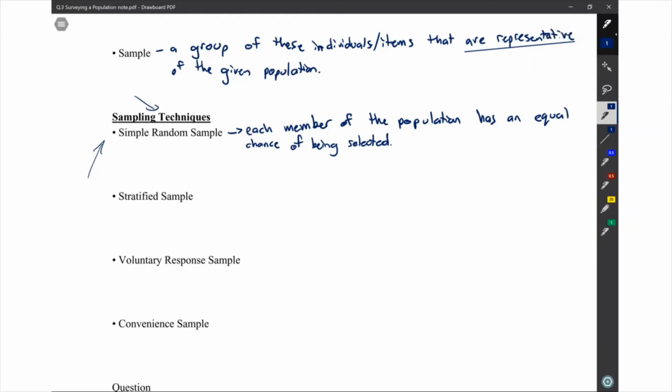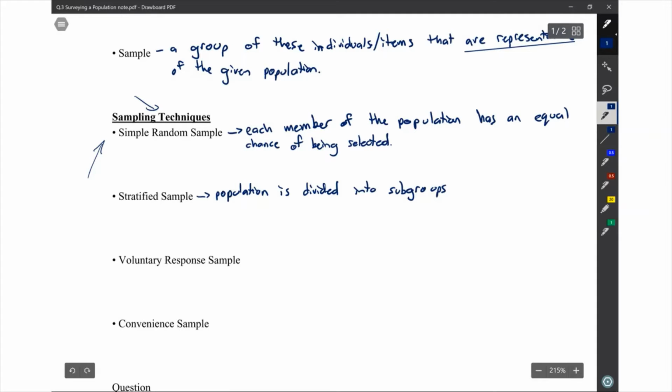A stratified random sample is when the population is divided into subgroups, for example by gender, nationality, or location.